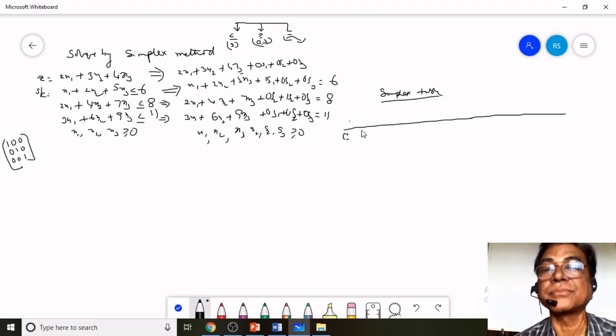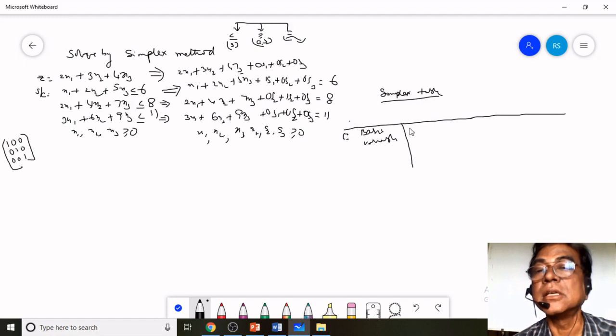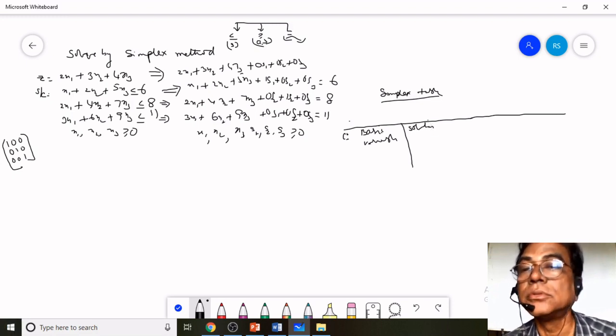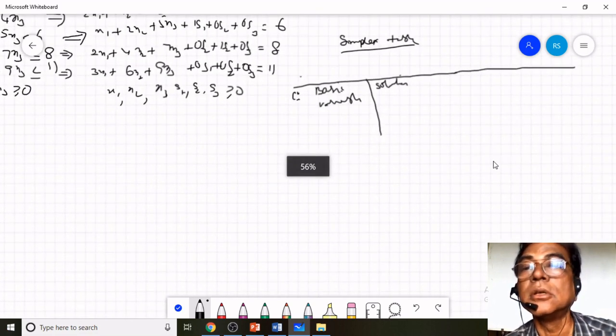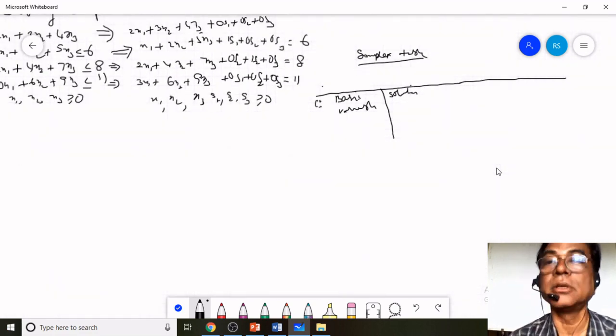Next one is the basic variables. Next, this is the solution values.